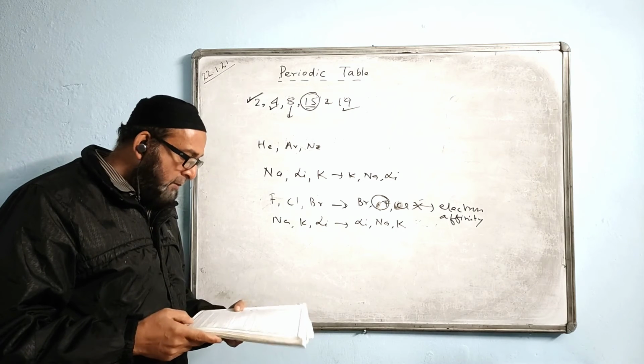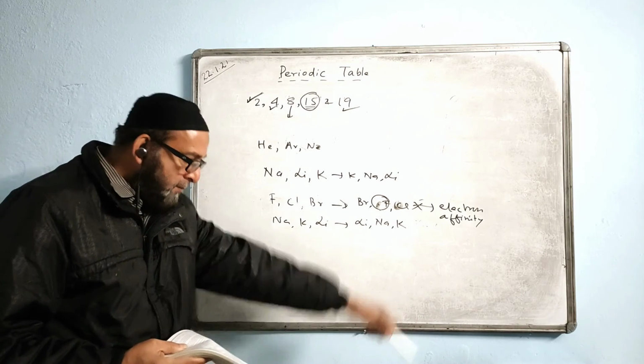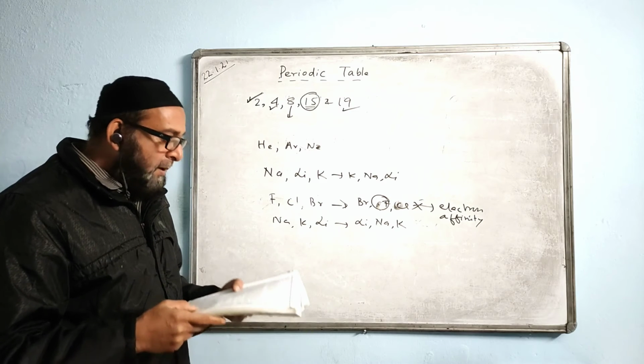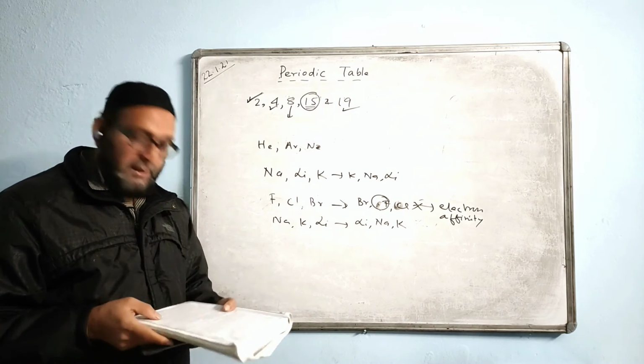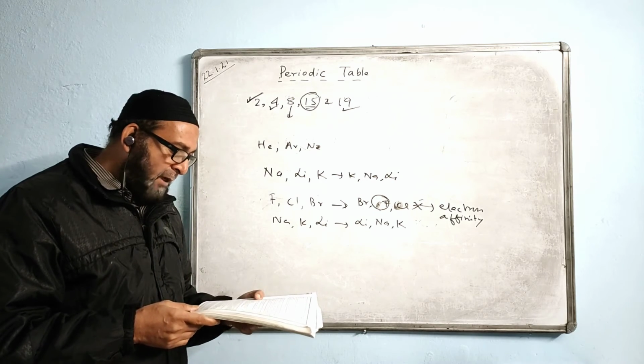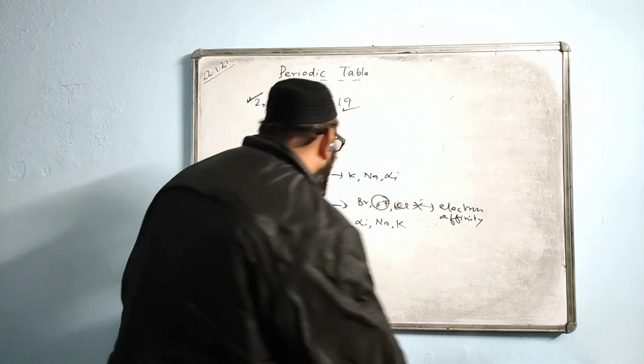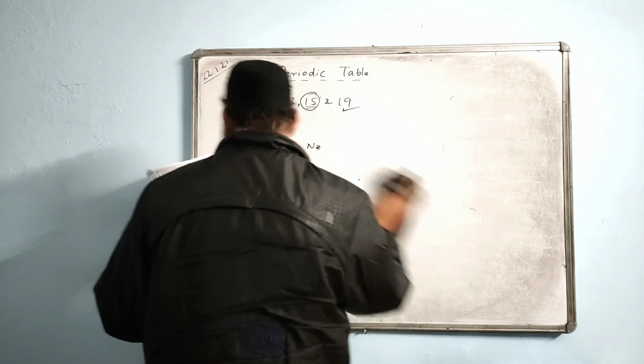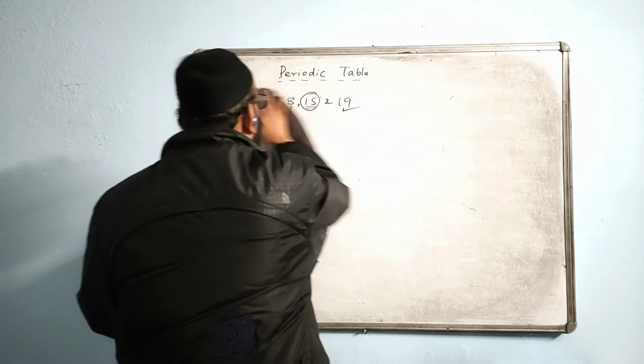Now the question is, I think you can go through the questions and see. Sometimes they give A, B, C, D like this and then ask you to answer. Suppose I do one more. So I am discussing the question of year 2016.